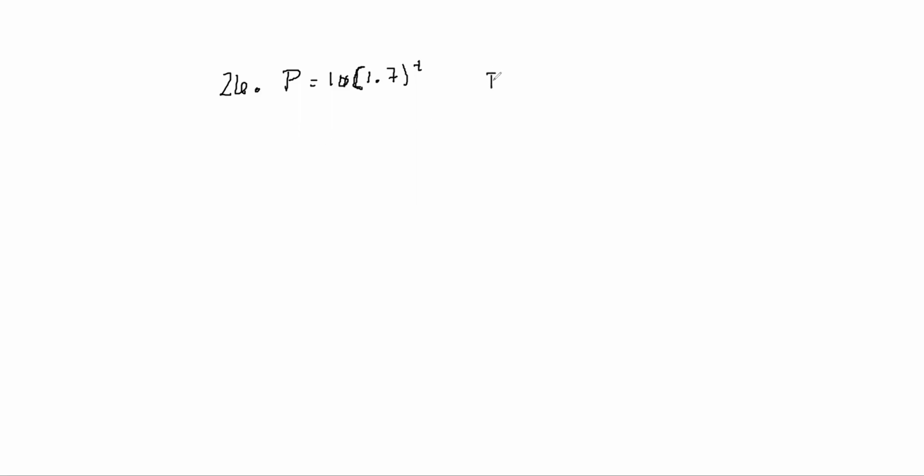So we know that P is equal to P naught a to the t, and we know that it is also equal to P naught e to the kt. All right? So that's where we're going to start. We know this is P, and we know that this is P naught.